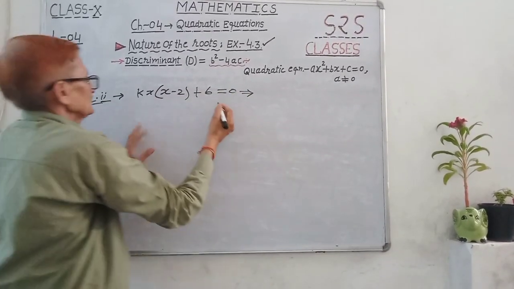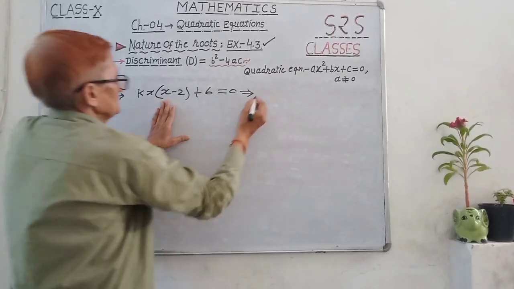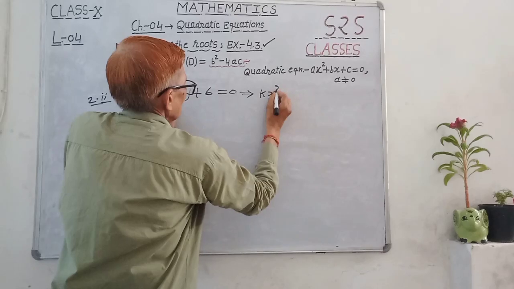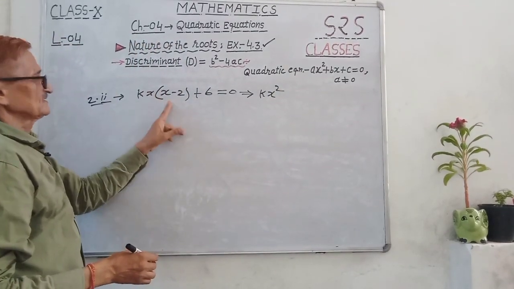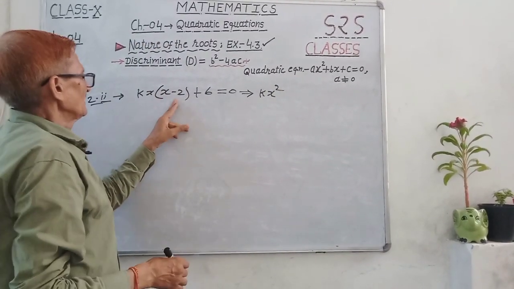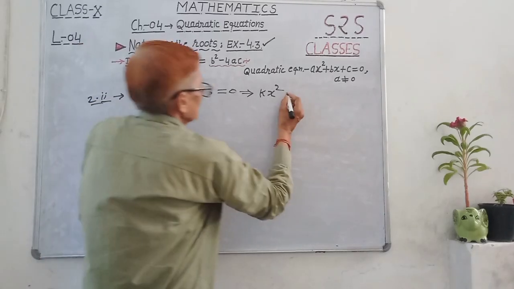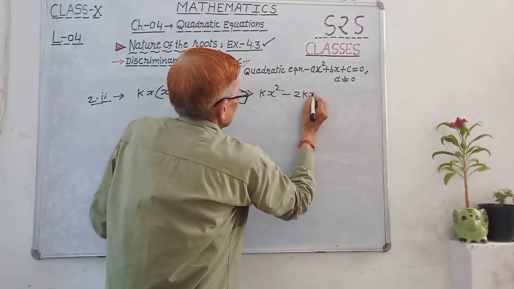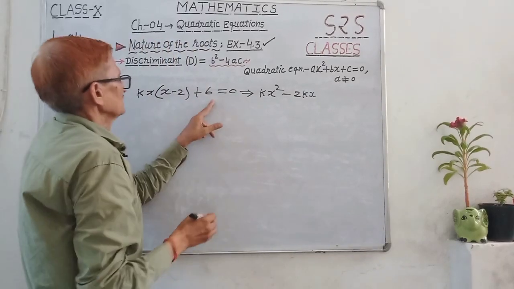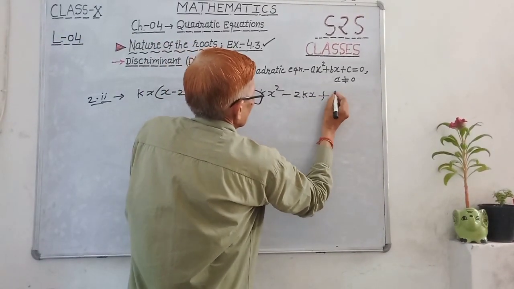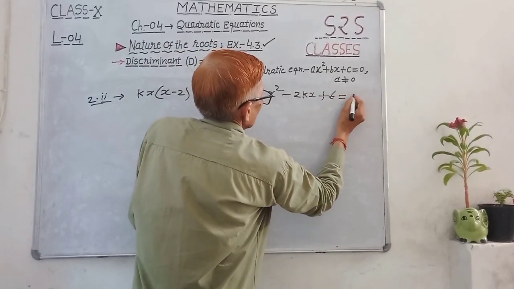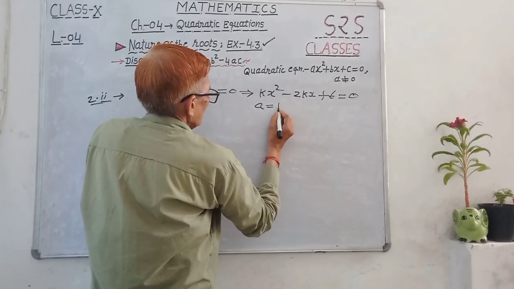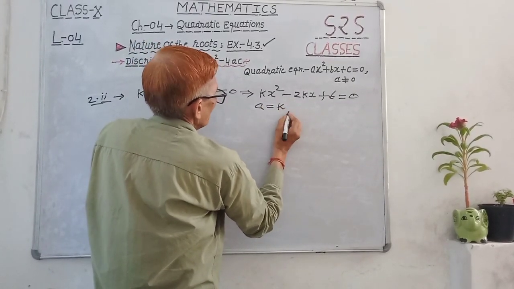So first simplify: multiply kx inside to make the standard quadratic form. The product kx into x is kx square, and minus 2 into kx is minus 2kx, and then plus 6 equal 0. Now take a, b, c. The value of a is k, the coefficient of x square.